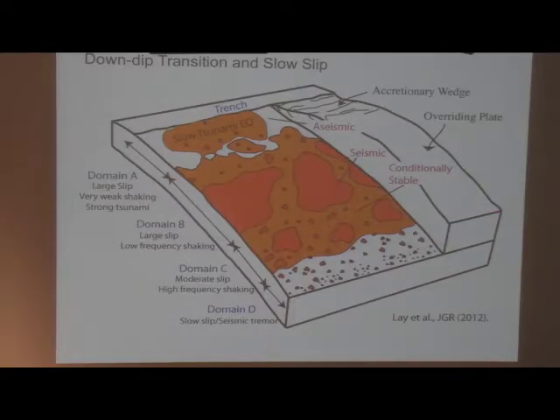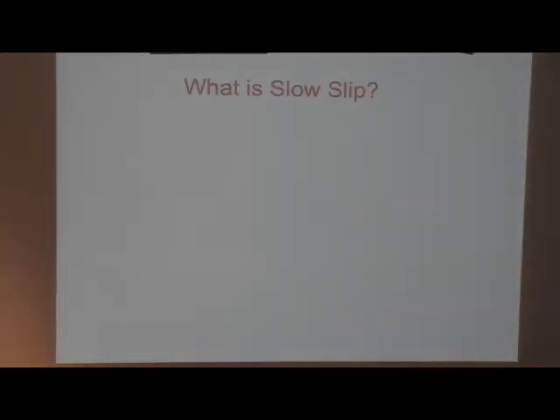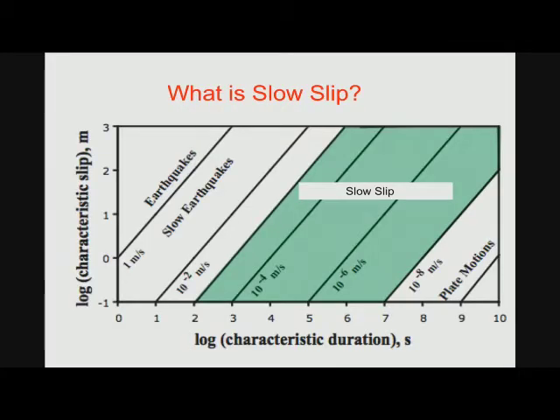The story is a lot about slow slip, so let's first look at what observations have been made at the down-dip edge. I think you all know what slow slip is. I just thought I'd show this one diagram. It's slip that occurs much slower than an earthquake. If we look at slip magnitude versus duration, these lines are lines of constant slope, or velocity. Earthquakes happen at, as you said, about 1 meter per second.